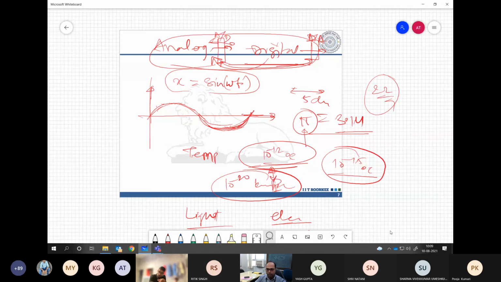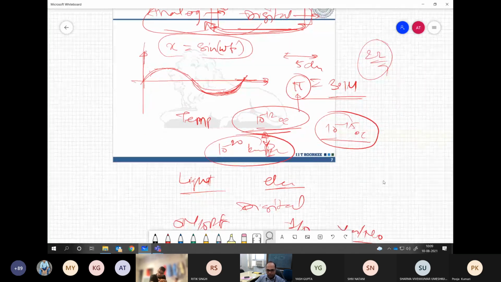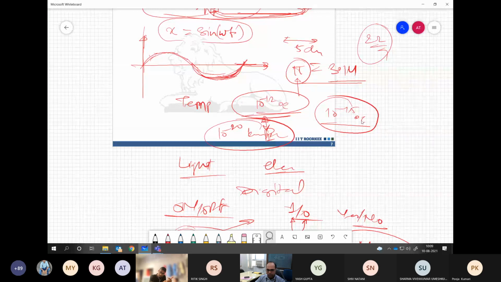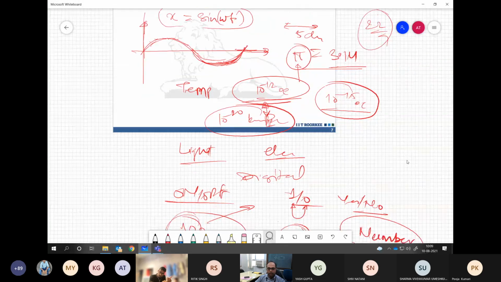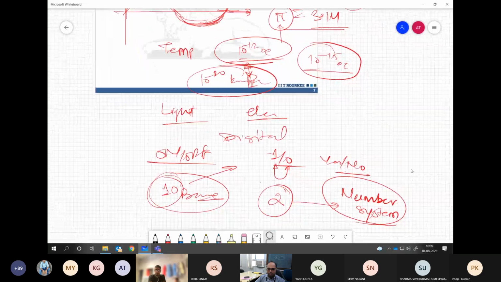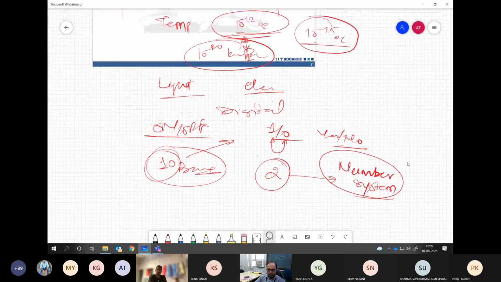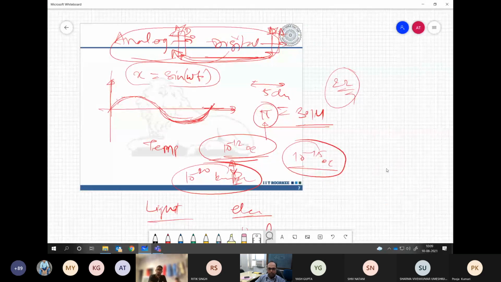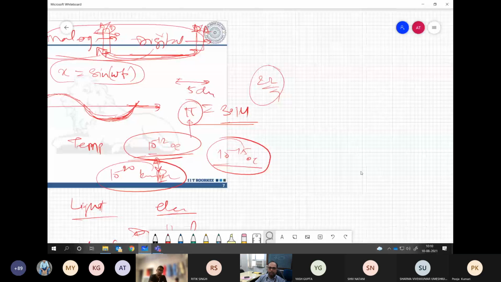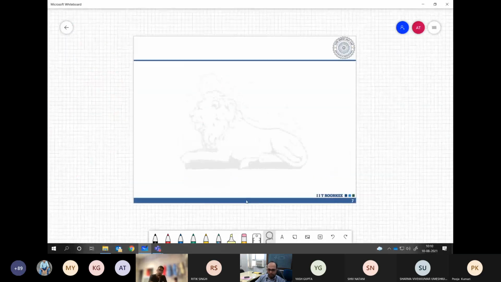Even temperature and speed cannot change very, very slowly, let's say of the order of 10 raised to power minus 15 or minus 12. This is not possible. So again, it's all perception, how we are looking at the signals or the systems.